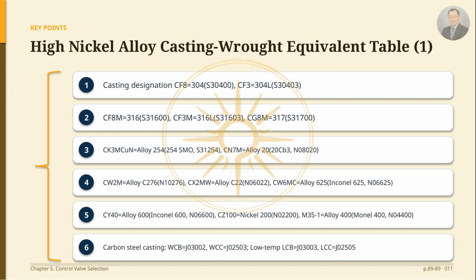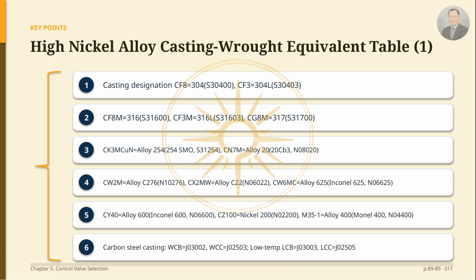N08020. CW2M is new Hastelloy C, namely alloy C276 with N10276. CX2MW is Hastelloy C22, alloy C22 with N06022, and CW6MC is Inconel 625, alloy 625 with N06625.